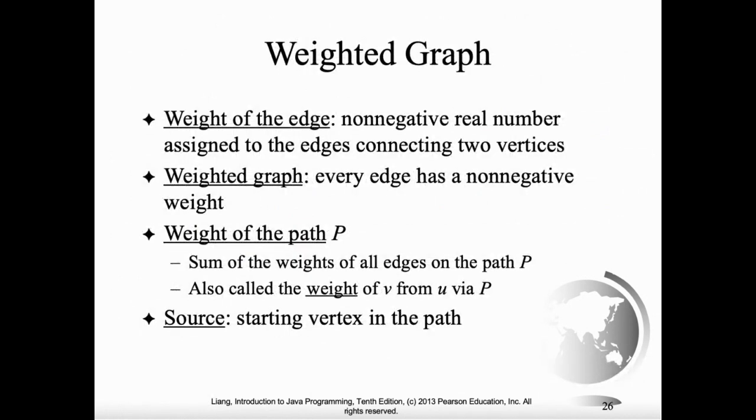We're also going to talk a little bit about weighted graphs. Weighted graphs have some sort of weight on the edges. Those weights are not negative, right? They're real numbers.